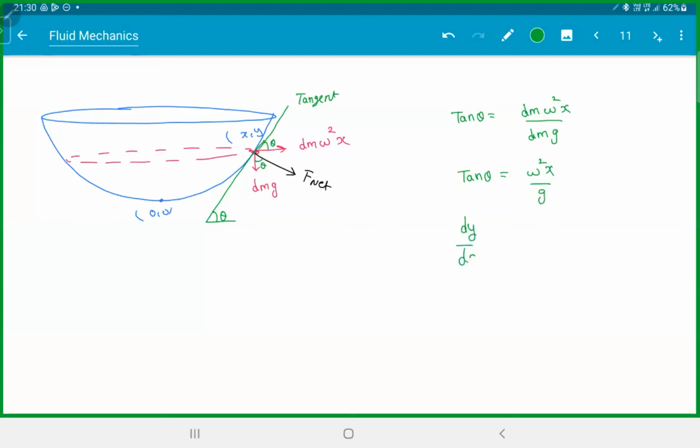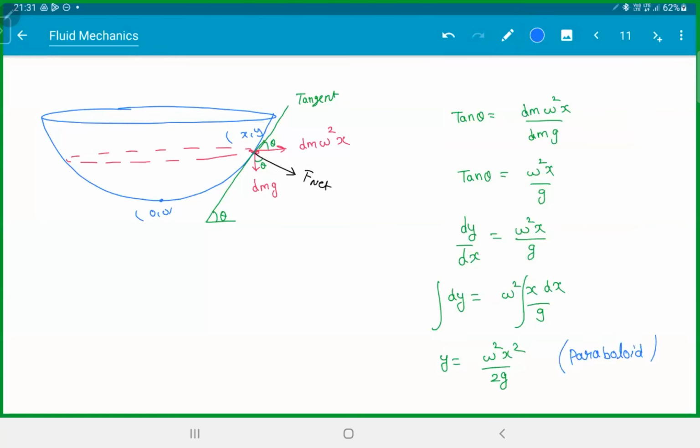That will be dy by dx is equal to omega square x by g. So we get dy is equal to omega square x dx by g. Integrate. y is equal to omega square x square by 2g. This is a paraboloid. It's a three-dimensional parabola. It's called a paraboloid. That's how you find the equation.